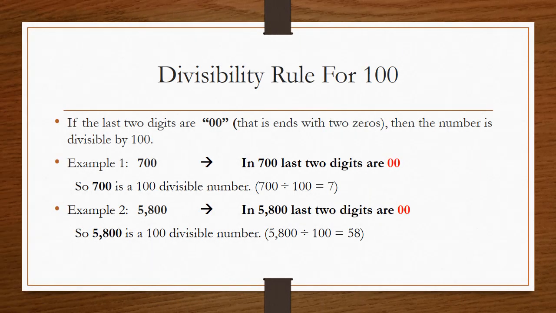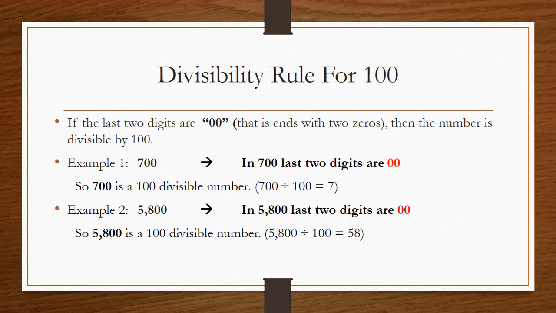In the previous class, we already discussed the divisibility rule from 2 up to 10. Now we are proceeding with the divisibility rule for 100. If the last two digits are 0, that means if it ends with two zeros, then the number is divisible by 100.